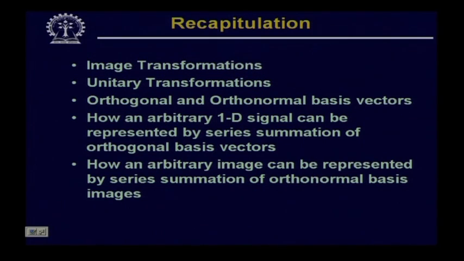In our introductory lecture on image transformations, we covered the basics of image transformation. We have seen what is meant by a unitary transform. We have also seen what orthogonal and orthonormal basis vectors are.